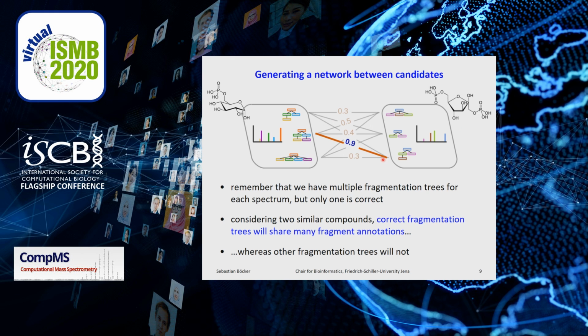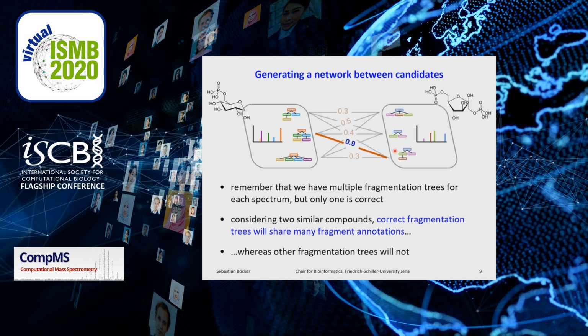They should be identical. Whereas if you grab any two random trees, and let's assume they are wrong, then these two should not share that many annotated fragments. Obviously, they will share some, but not as many.